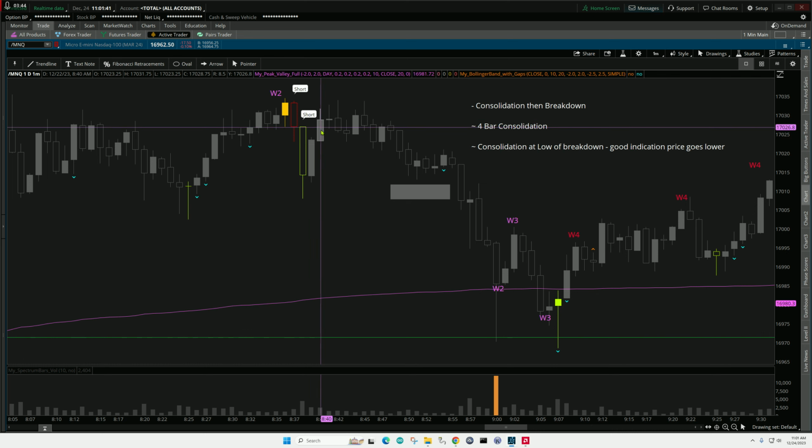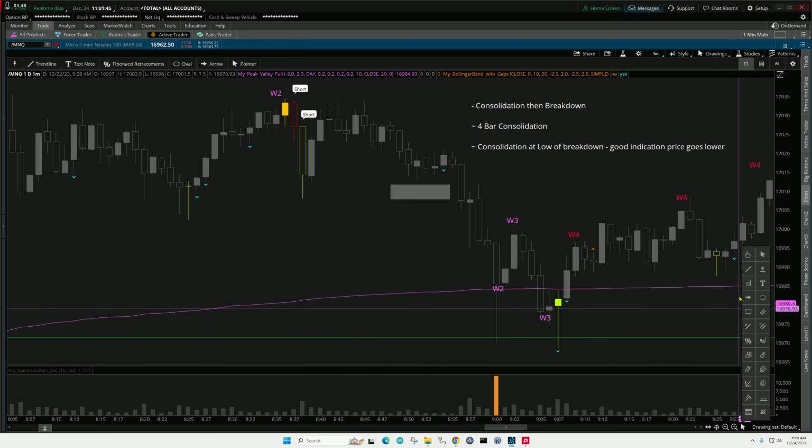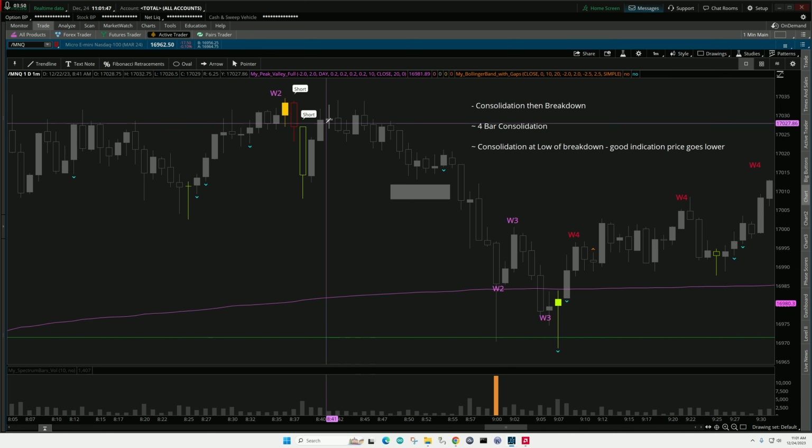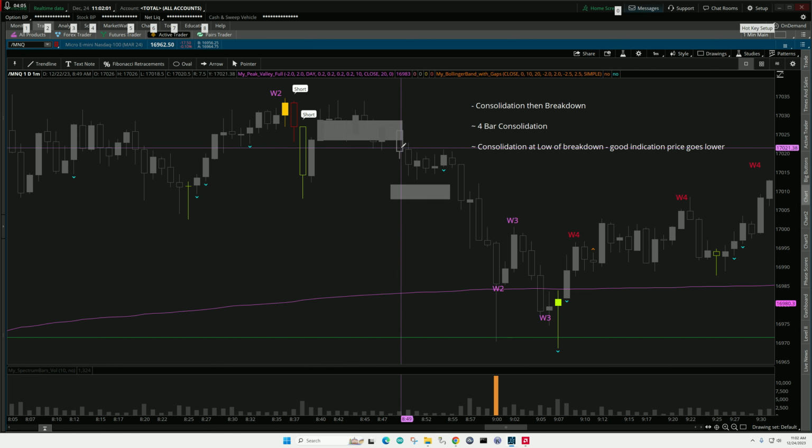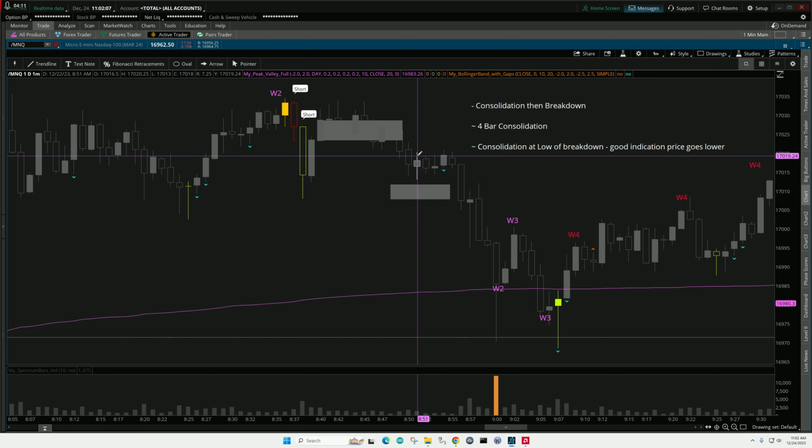This is consolidation. So basically I'm looking at this candle right here. This is essentially all consolidation. I'm going to draw a rectangle around this particular bar, extend it to the right. This is all consolidation. So pivot high, consolidation. Here's the break down and out and close outside of the candle. Price continues to go down.